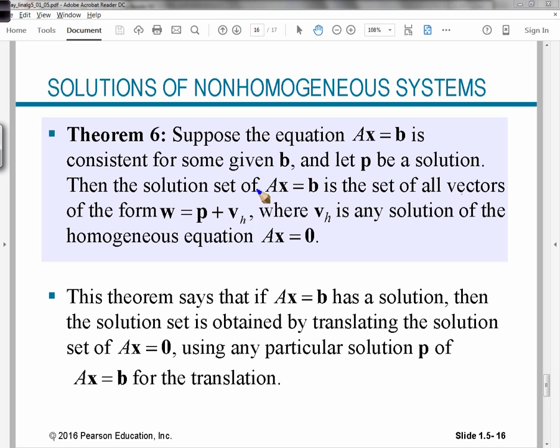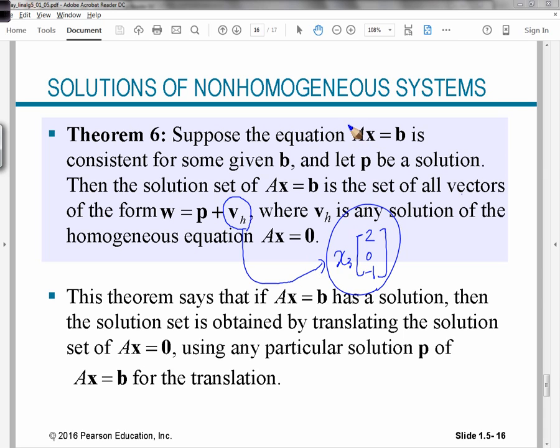And that part indicates a line or plane and so on. So that is actually this VH. That is something like x3 times (2, 0, -1) or something like that, which indicates some kind of slope of our solution. Okay?